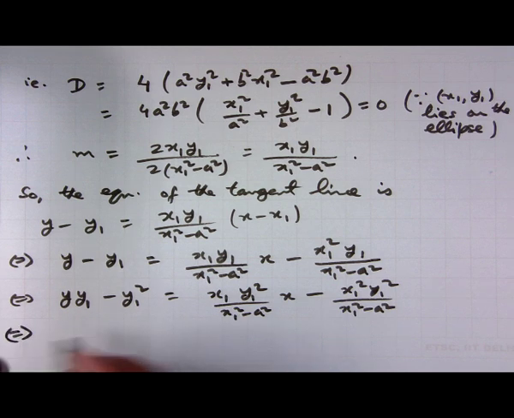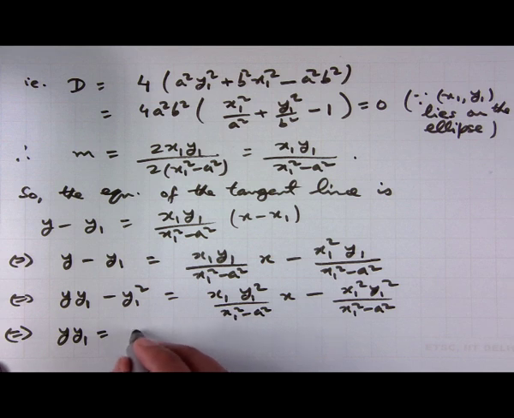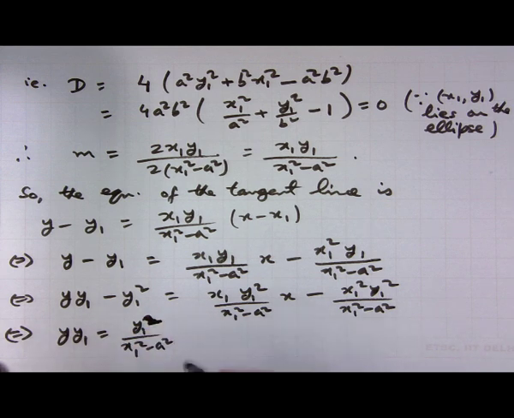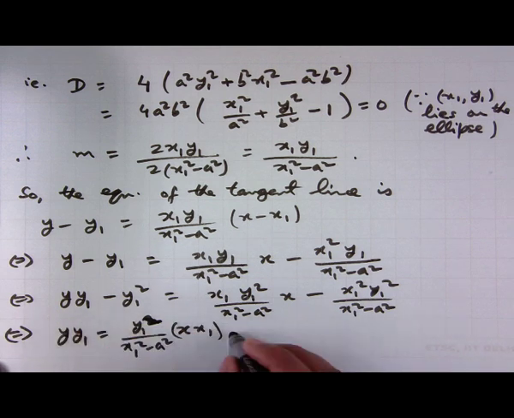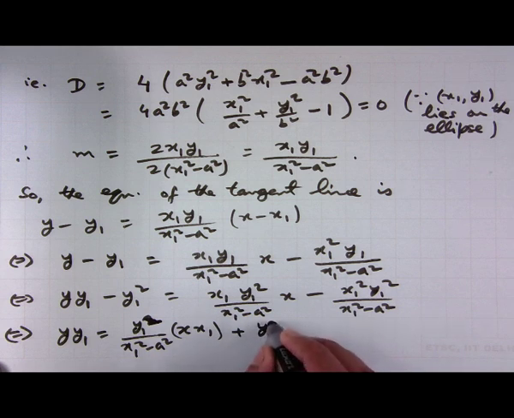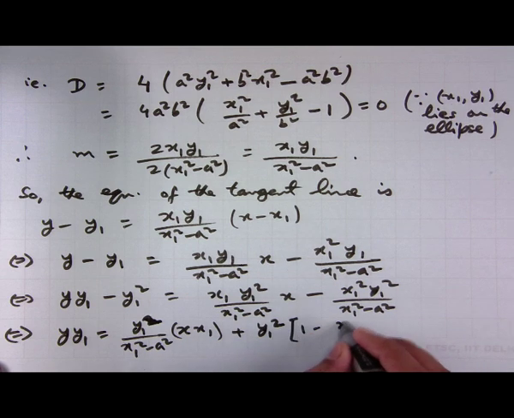Which I will write as y1 equal to y1 square by (x1 square minus a square) times x1, and then I have plus y1 square times (1 minus x1 square by (x1 square minus a square)).